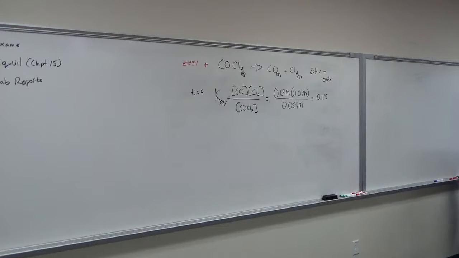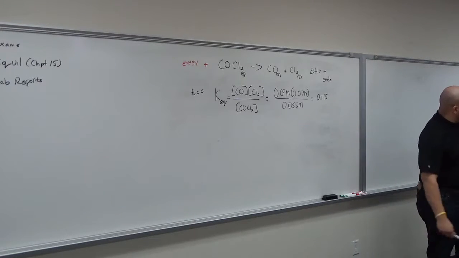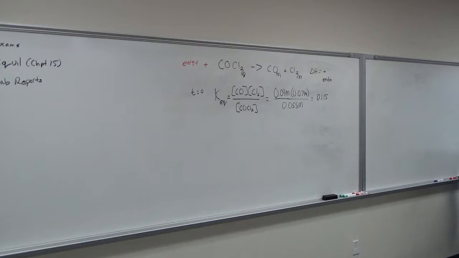All right, so if we took a look at the values, tell me something. Do we reach equilibrium? At minute 4, something is happening. So let's hold that thought for a second.